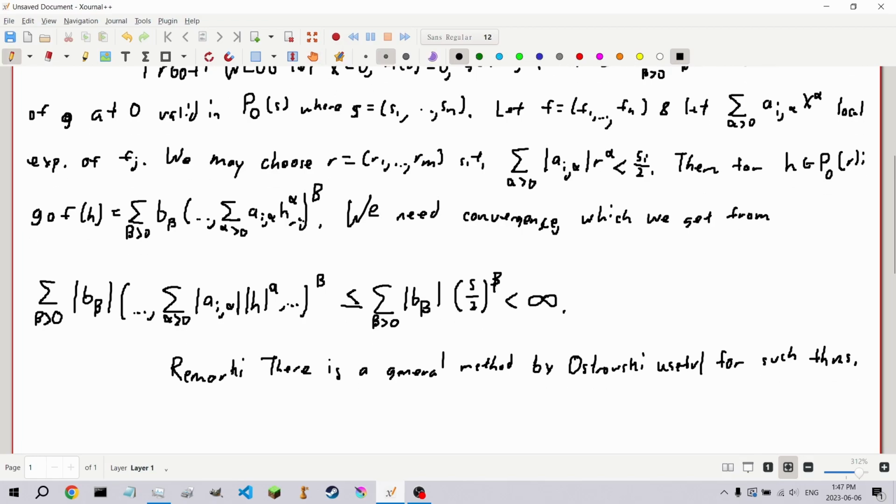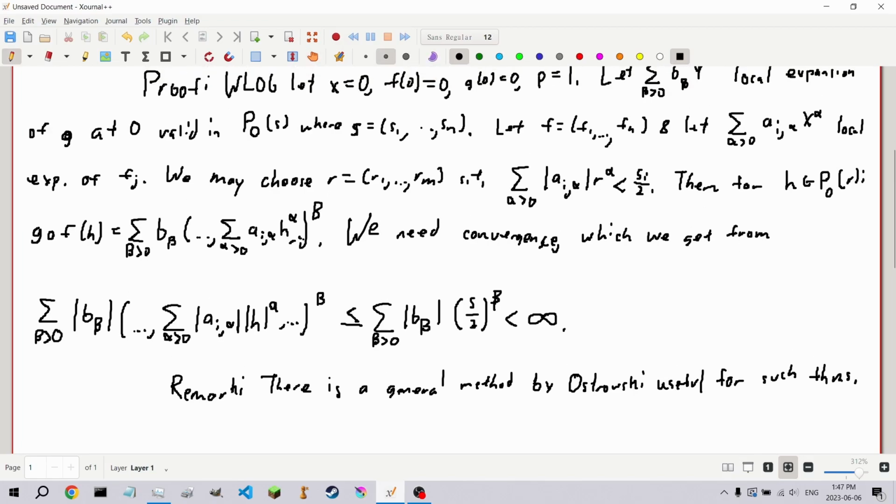And we just note that we can split into two cases. One where k is either real or complex, and one where k is ultrametric.